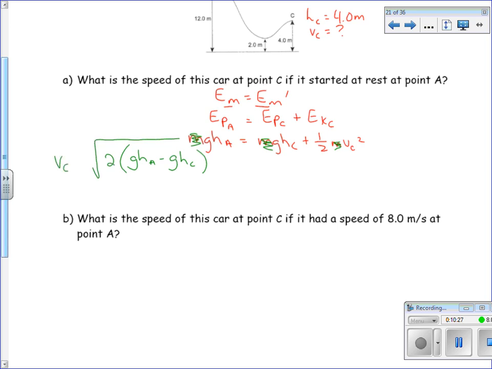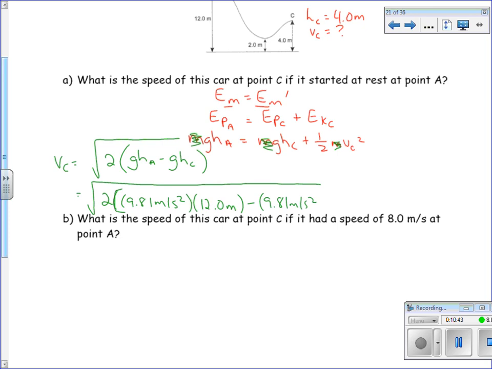And that gives us the velocity at C. So 2 times bracket 9.81 meters per second squared times 12 meters minus 9.81 meters per second squared times 4 meters. And that will equal 13 meters per second.